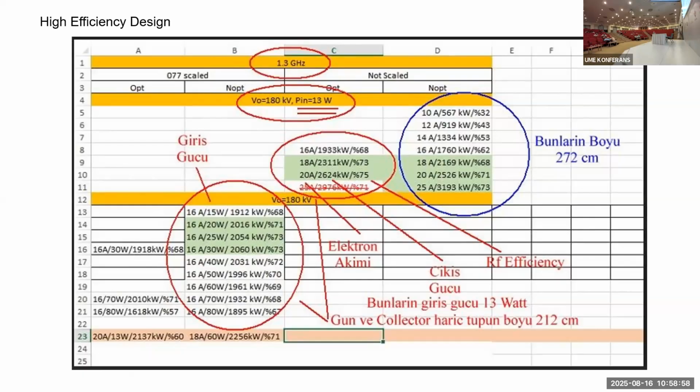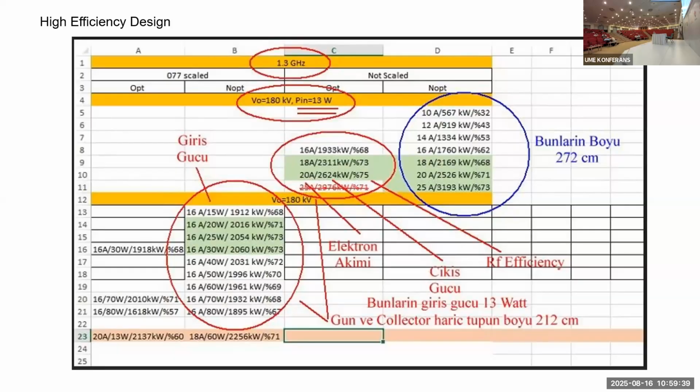I don't remember the number of cavities, but some of the explanations about the Turkish, because I sent this picture to my friends or to some people somewhere, and these are the 2.7 meter Klystrons with an efficiency of about 73, the biggest one, and others.